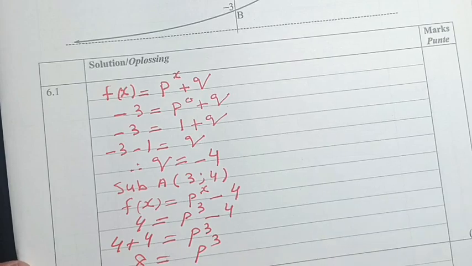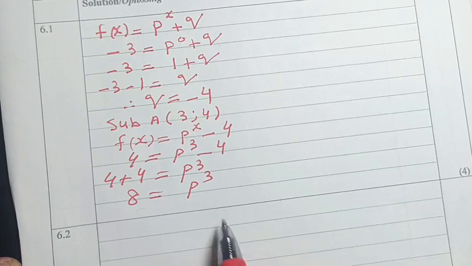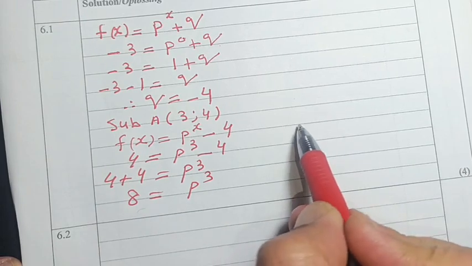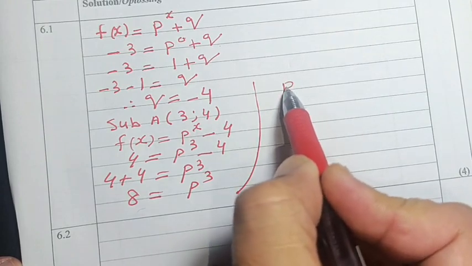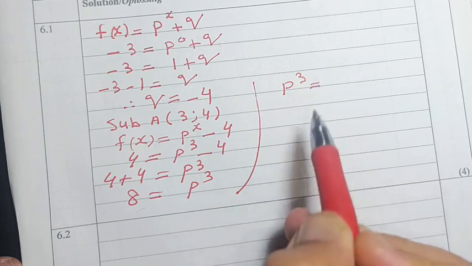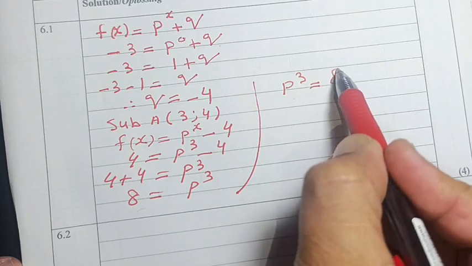Now we need to solve for p. I'm going to take this equation: p^3 is equal to 8.